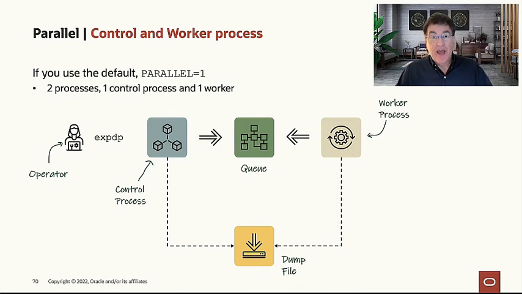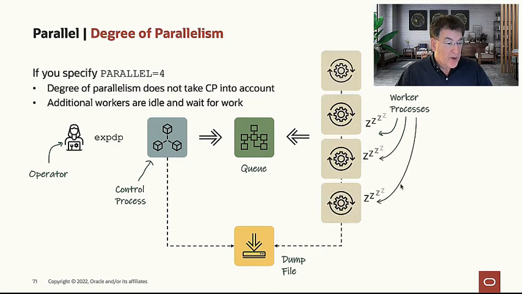However, Datapump can export and import metadata and data in parallel. So you can optionally specify a degree of parallelism for the Datapump job. In the example here, we're using parallel equals 4.